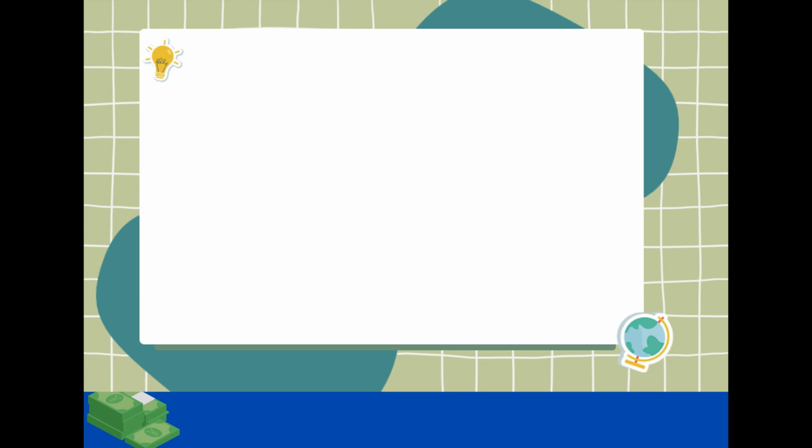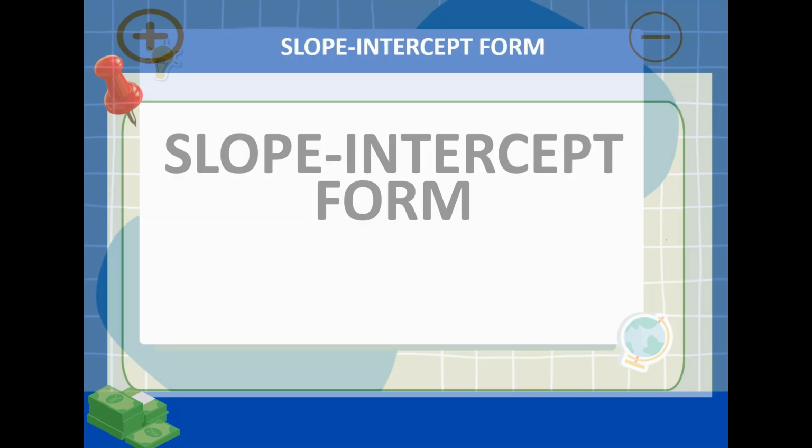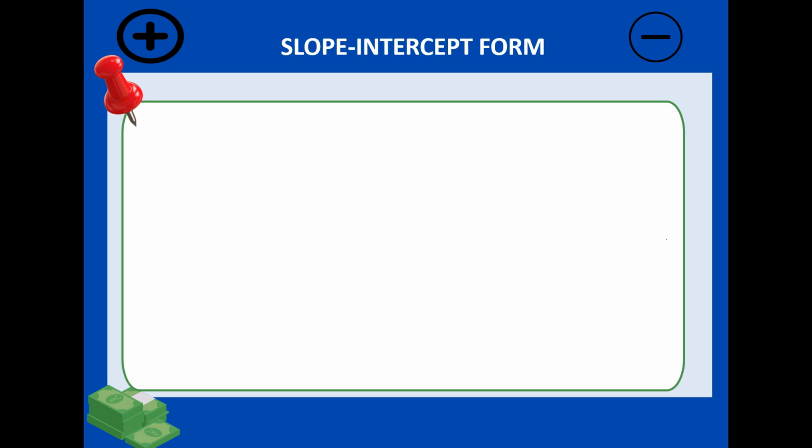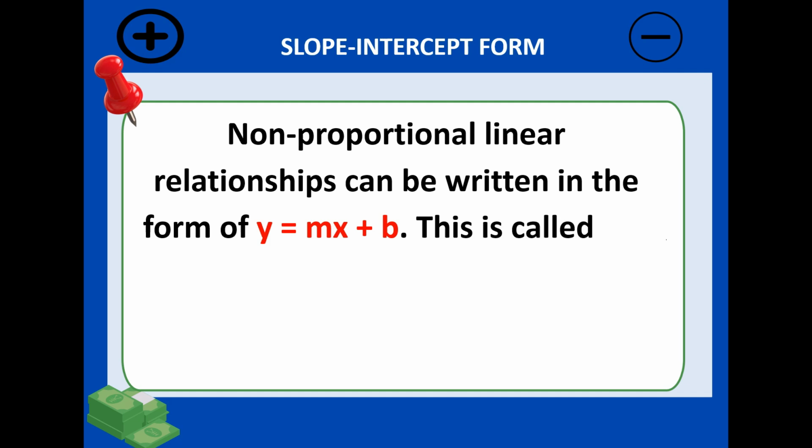Our lesson for today is all about slope-intercept form. What is slope-intercept form? Non-proportional linear relationships can be written in the form of y = mx + b. This is called the slope-intercept form.